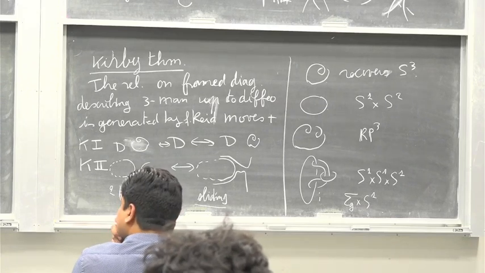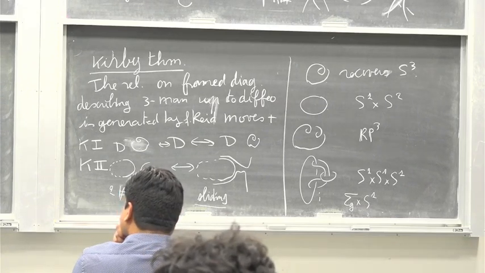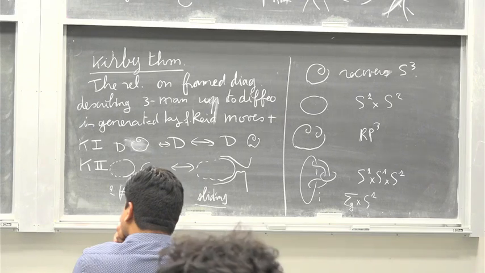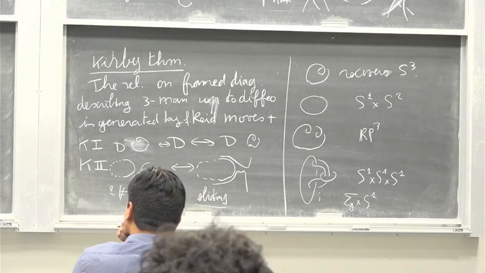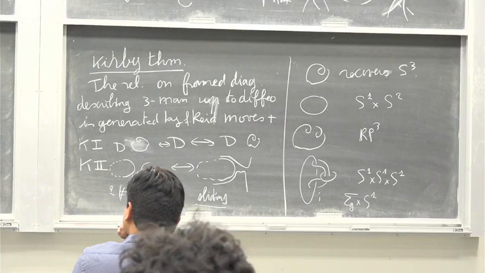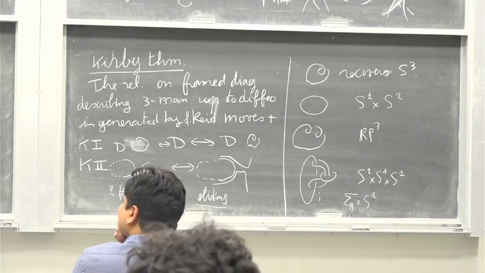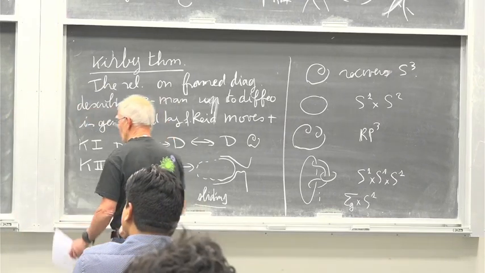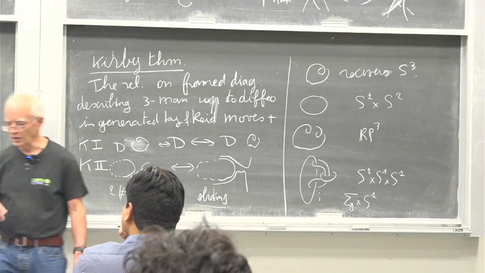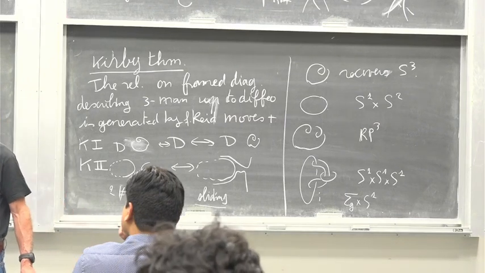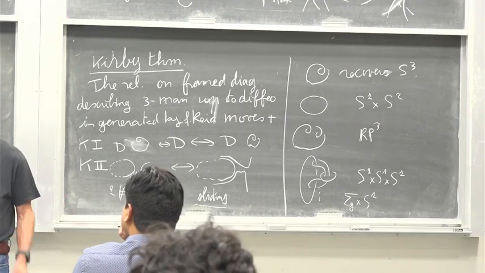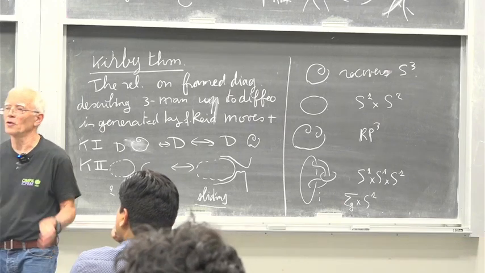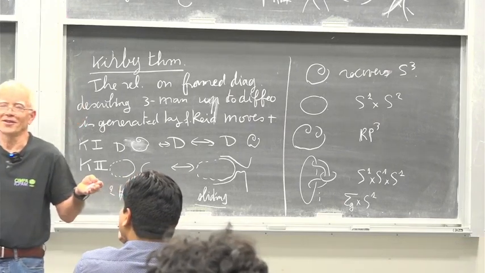Take a function of diagrams which satisfies the framed Reidemeister moves and the Kirby moves. And this will produce an invariant of three-manifolds. And in fact, I heard that this Kirby theorem, in the 70s, Kirby said, oh, this will not serve anything.